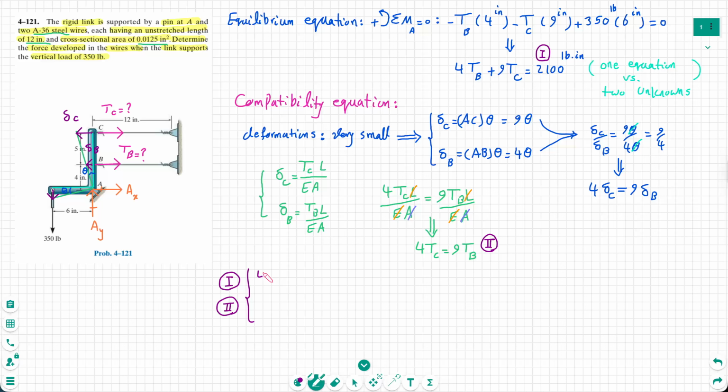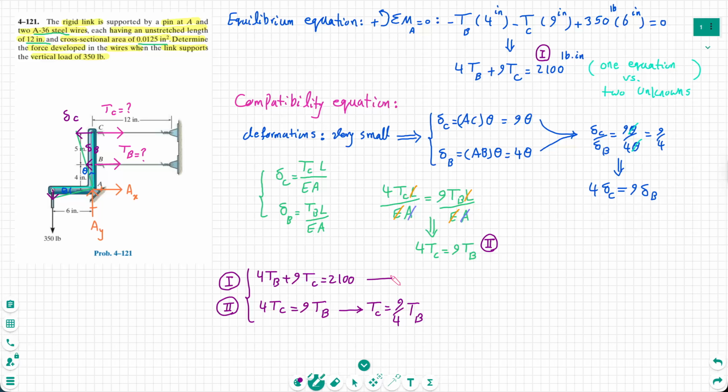I just solve a system of equations using these two equations that we found. Equilibrium equations, that was 4TB plus 9TC equals 2100, and 4TC equals 9TB from the compatibility. You can use any method, elimination or substitution. For example, if I isolate this for TC, we can find TC as 9 over 4 TB. I use the substitution method.